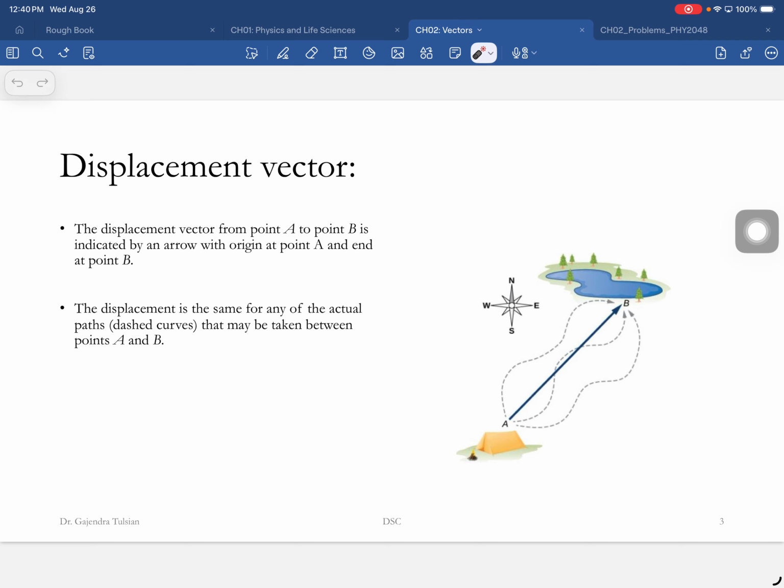You go to the library and come back home, what is your displacement vector? Zero vector.